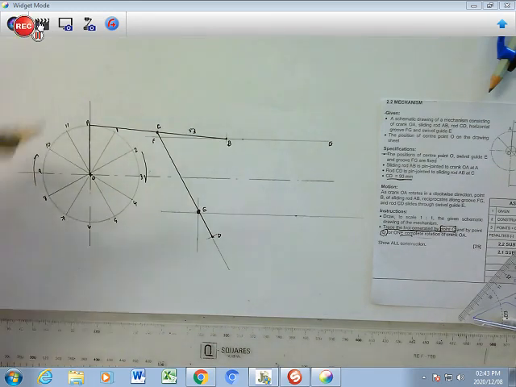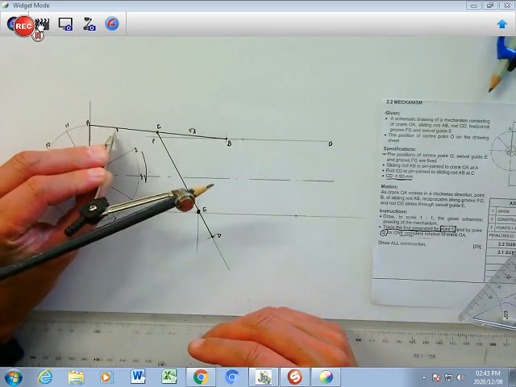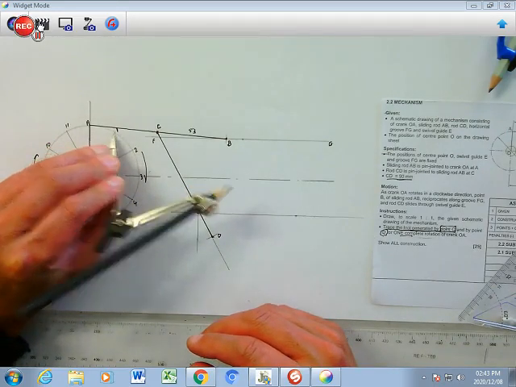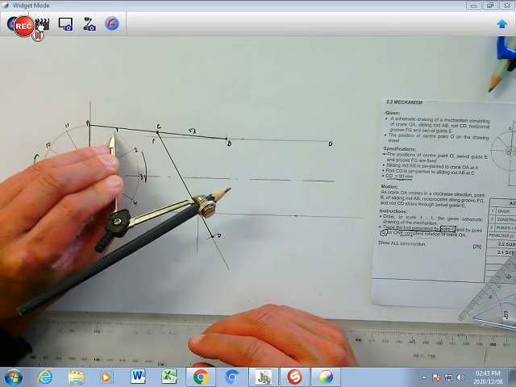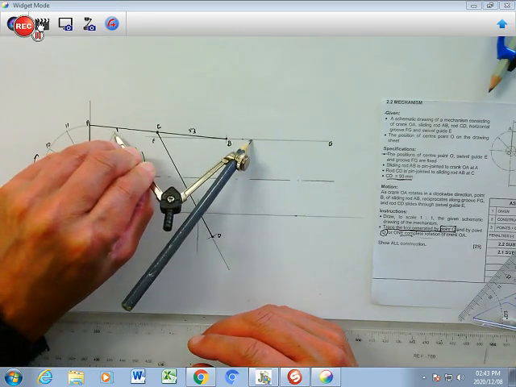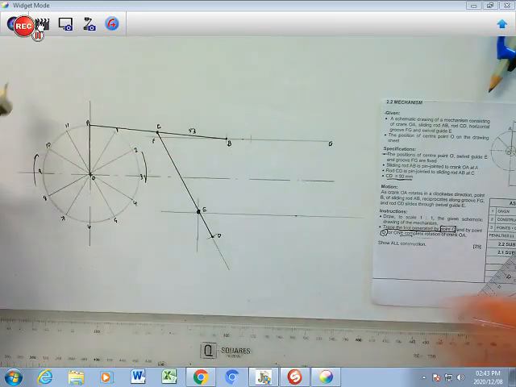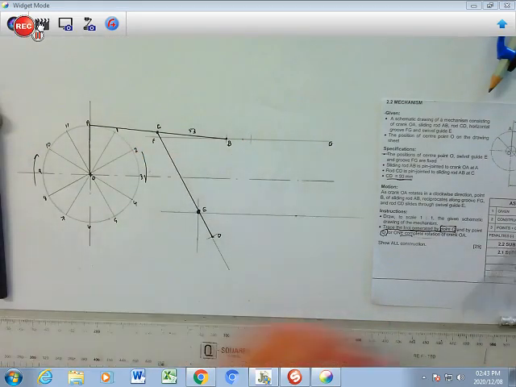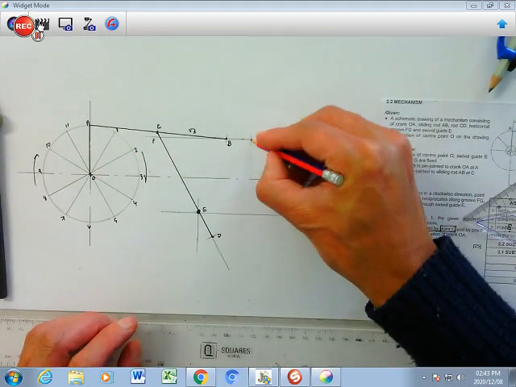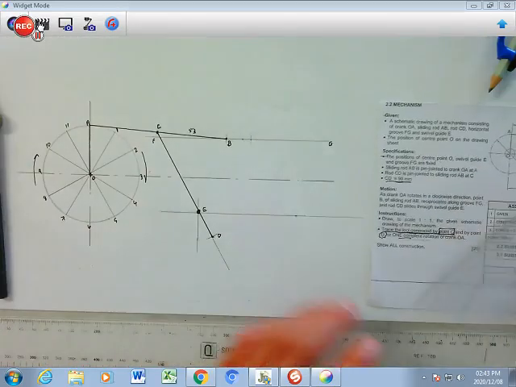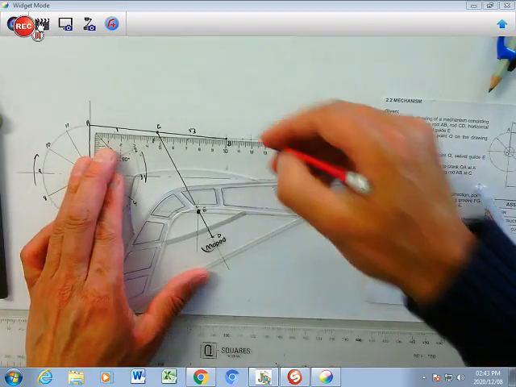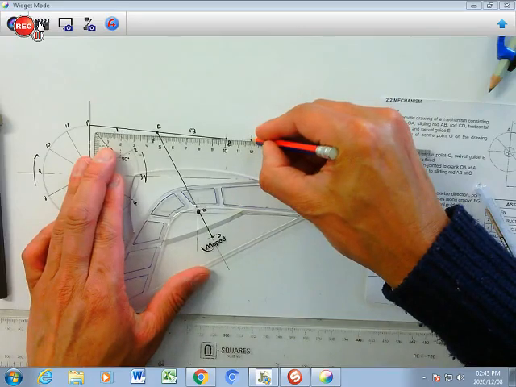So step 1, 3 steps. From here, A, I'm moving to 1. It's rotating now, so my AB slides now there. Once I have that, I'm going to connect that point to my number 1 point, which is there.